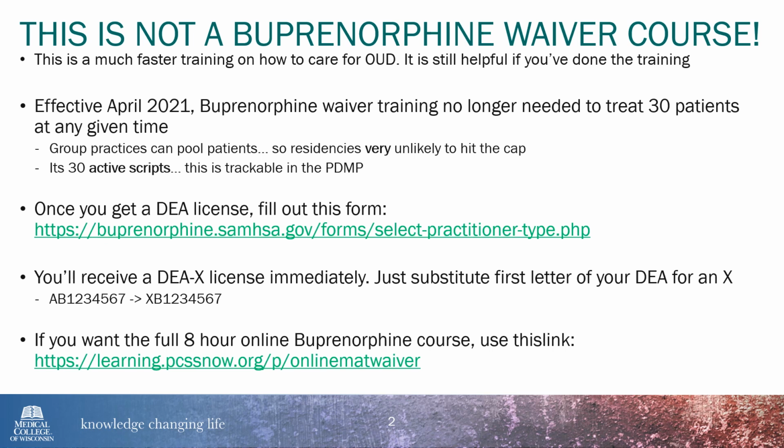It's important to point out that if you want, under the current law, to prescribe to more than 30 patients, I think the limit currently is 275 patients. You do need this full 8-hour buprenorphine waiver training course.